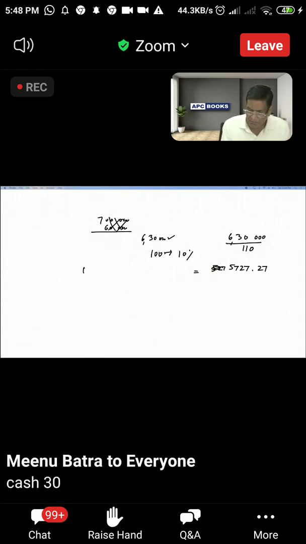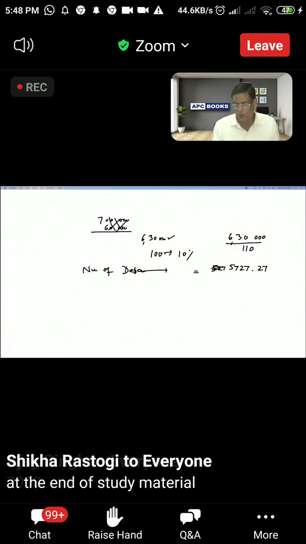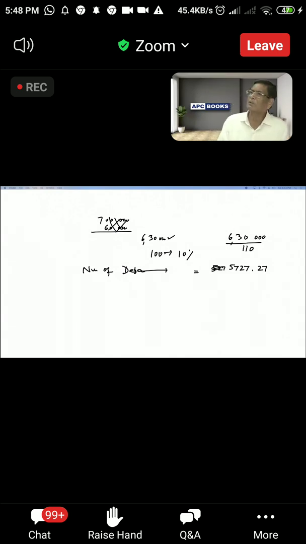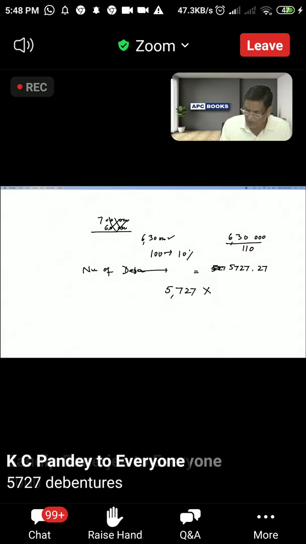This is the number of debentures we have to issue. 5,727.27 will not be issued. That means we shall issue 5,727 debentures of 100 each.